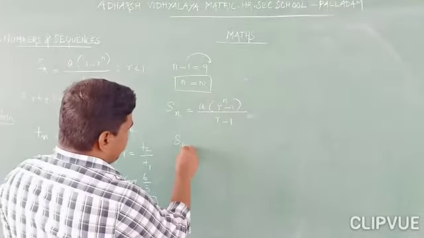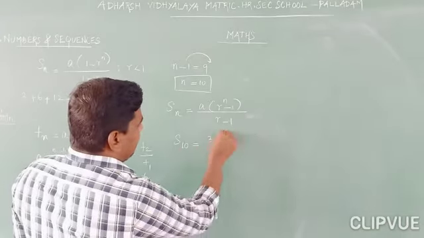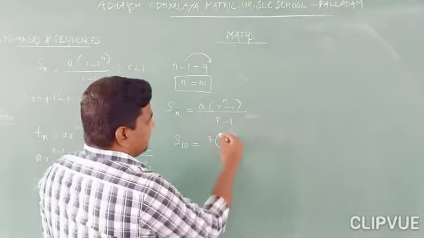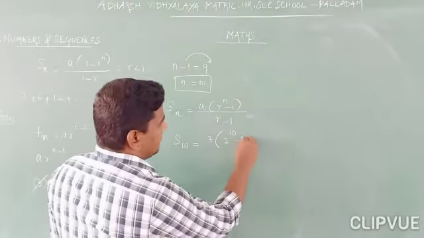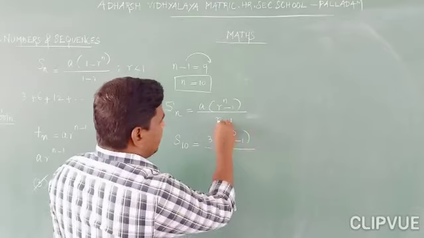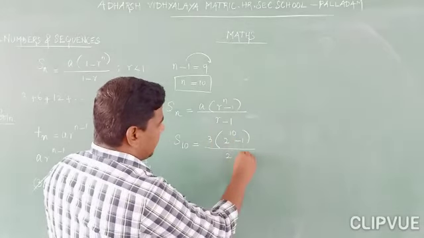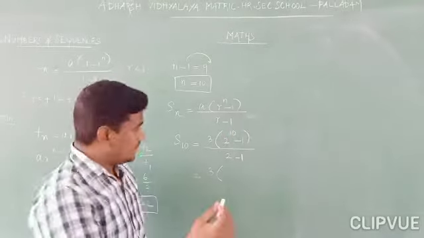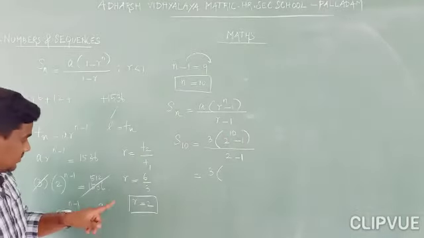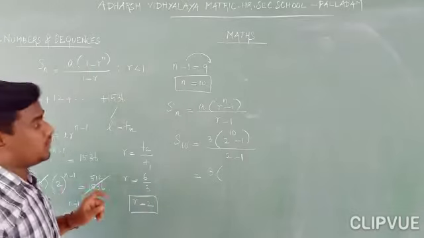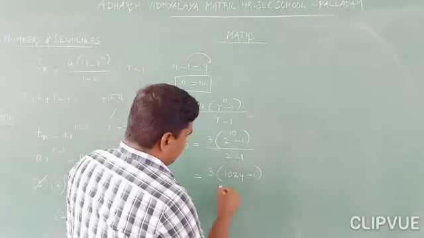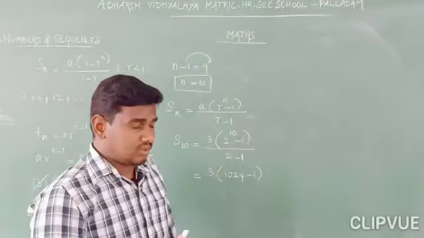So S10 is equal to 3 into 2 power 10 minus 1 divided by 2 minus 1. 2 power 9 is equal to 512, you know that, so 2 power 10 means 1024. 1024 minus 1 divided by 2 minus 1, which is 1.